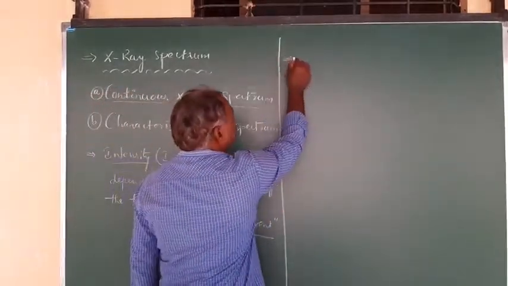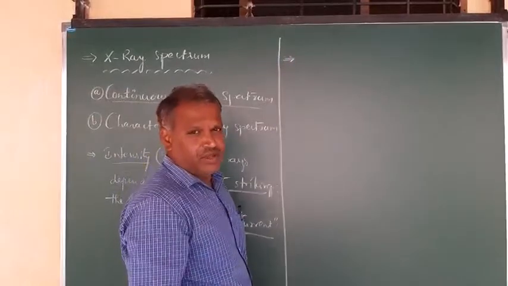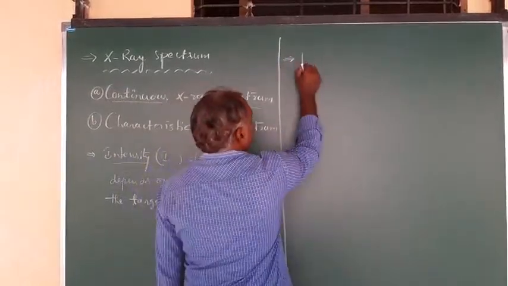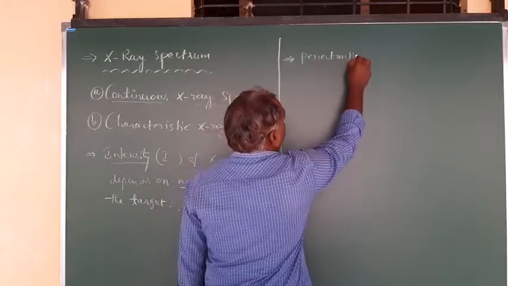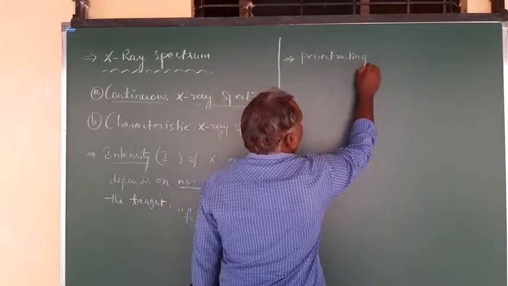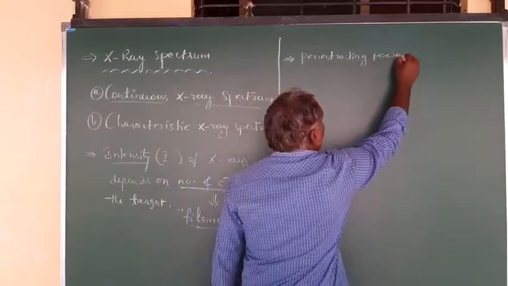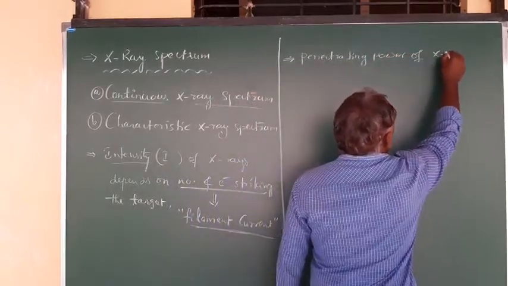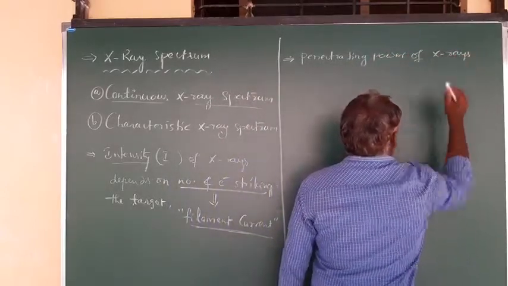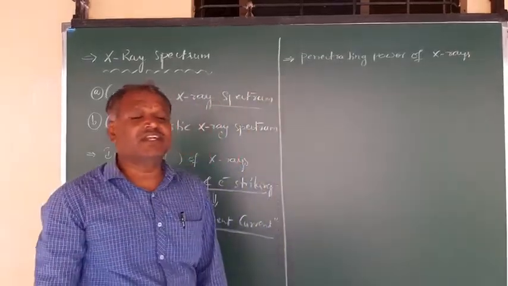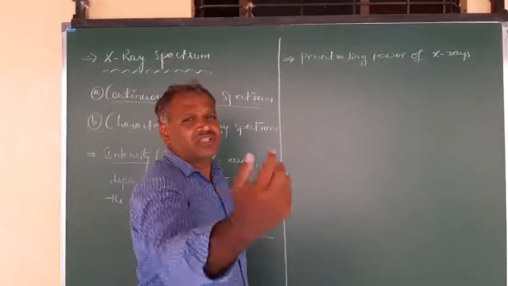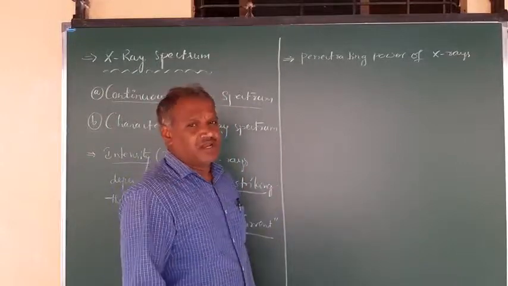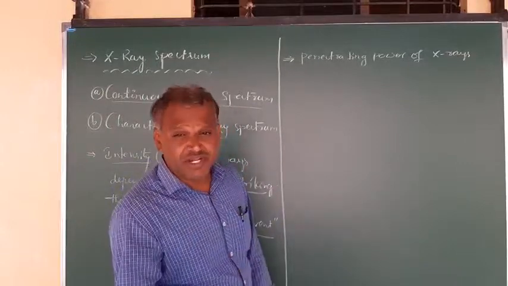And the next one is the penetrating power of X-rays. The penetrating power of X-rays is related to the kinetic energy acquired by the electrons before striking the target material. How can you increase the kinetic energy of the electrons?